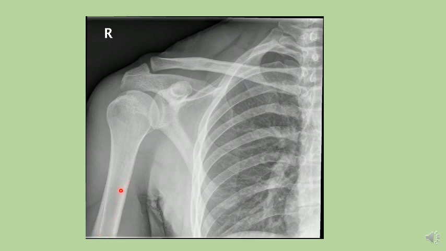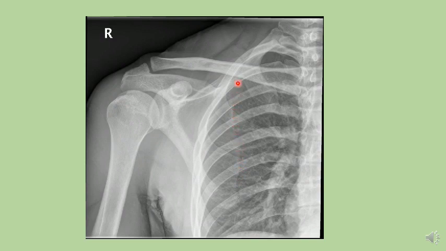In exams, you might have to identify the different parts of scapula. Can you make out the borders of scapula? This is glenoid cavity. This is lateral border of scapula. This is inferior angle of scapula. You can see this shadow here, the line. This is medial border of scapula.